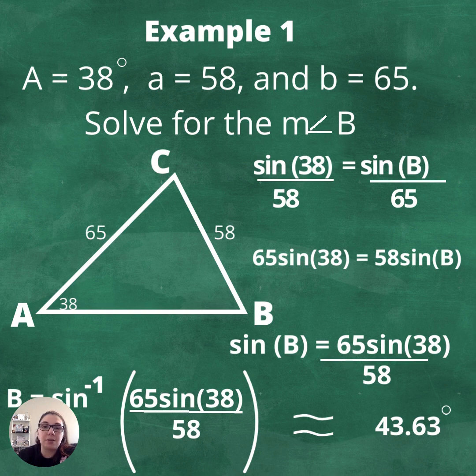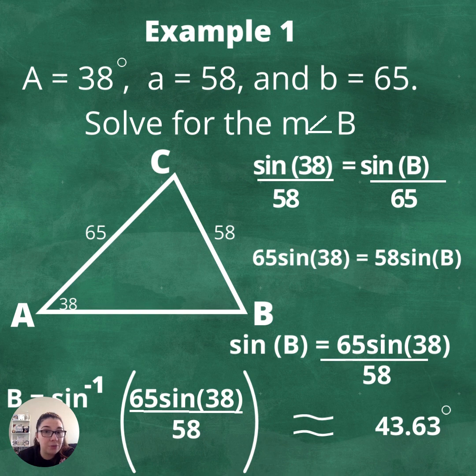So we set up sine of 38 over 58, because that's the sine of capital A over lowercase a, equals the sine of B over lowercase b, which is 65. We use cross products like I was saying. We get 65 times the sine of 38 equals 58 times the sine of B. I isolate my sine of B by dividing by 58.